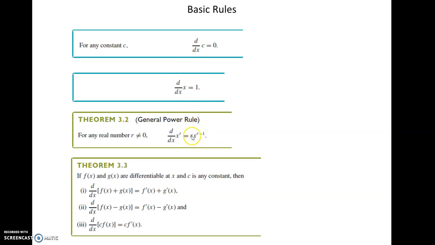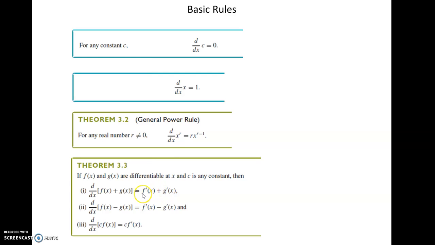So these are the three important basic rules. Then how do you find the derivative of the sum of two functions? The derivative of f plus g is derivative of f plus derivative of g.